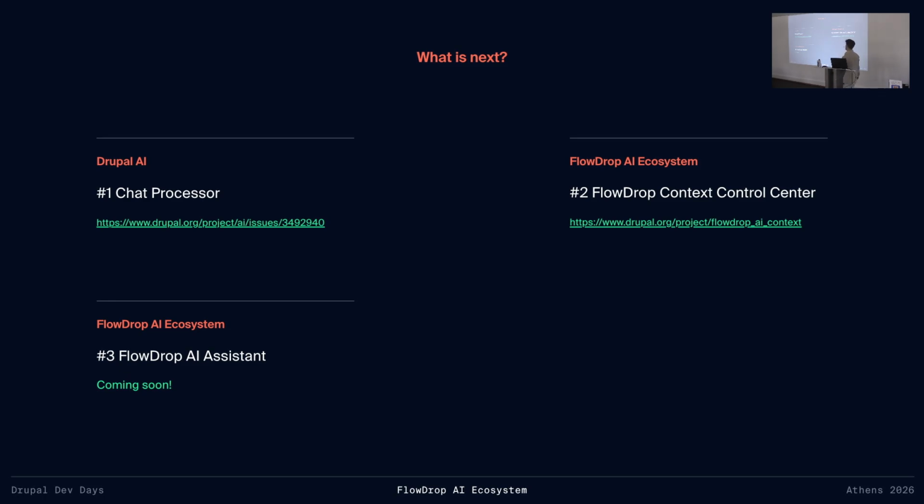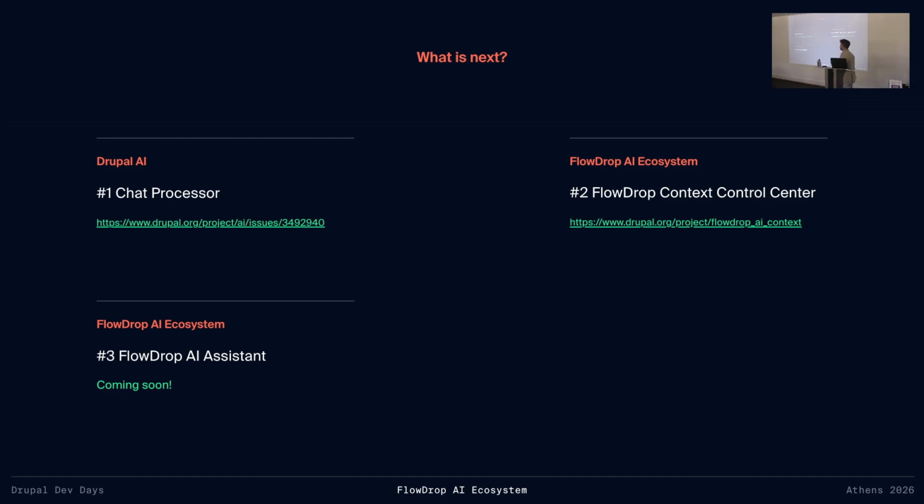The next thing that is coming is the FlowDrop Context Control Center. What this is going to do is integrate the AI Context module inside FlowDrop. As you saw, in the AI agent executor, we have this input called additional context. So you can imagine if you can add, for example, a new node component and then select whatever context comes from AI Context and pass this to the agent or to the assistant, how powerful this can be.